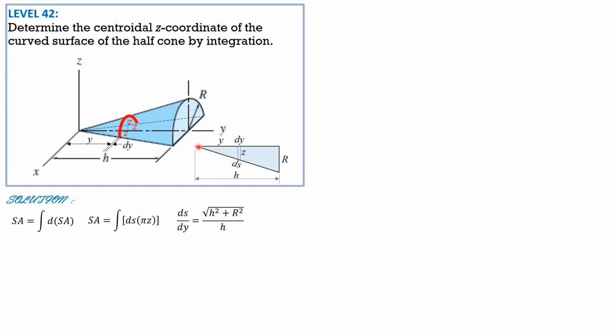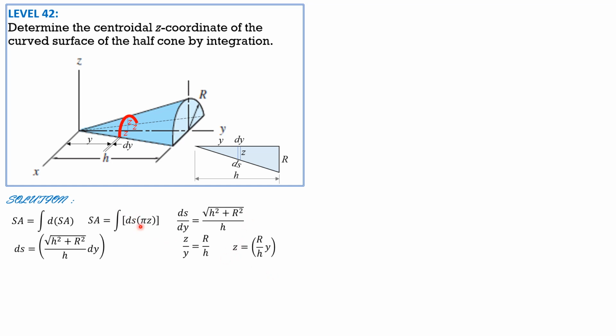The hypotenuse of this right triangle is the square root of h squared plus r squared, as to that distance, which is h. So ds therefore is the square root of h squared plus r squared divided by h times dy. Then z is to y as R is to h. So z is r over h times y.